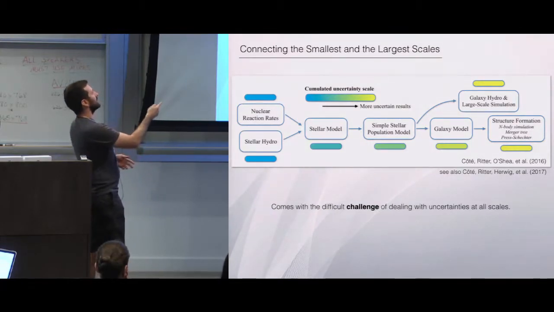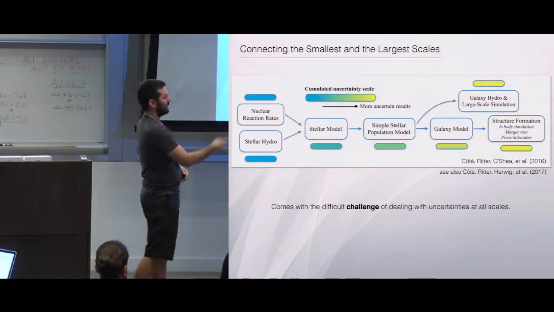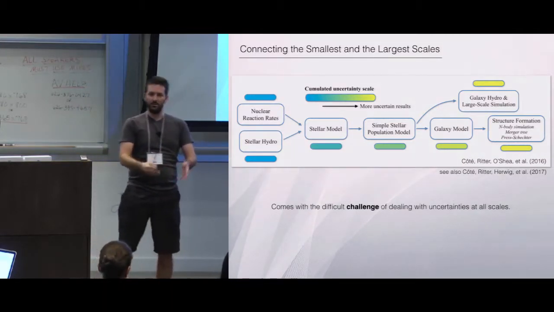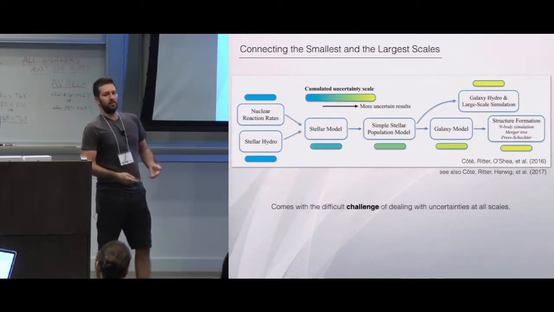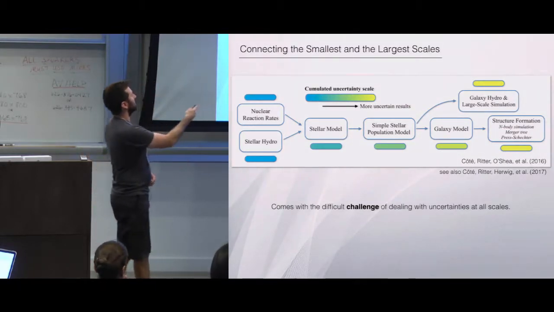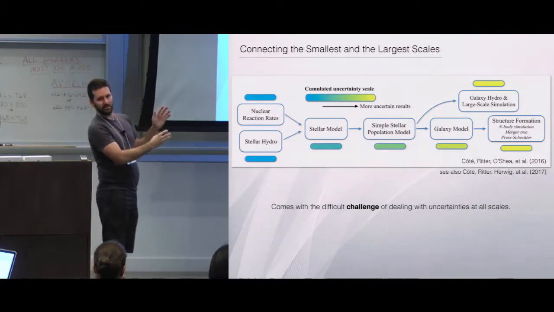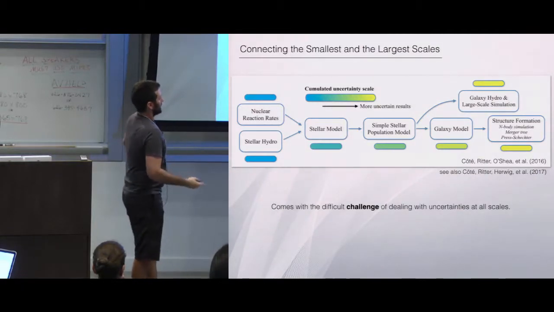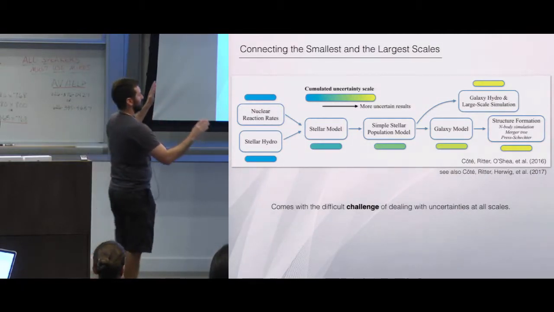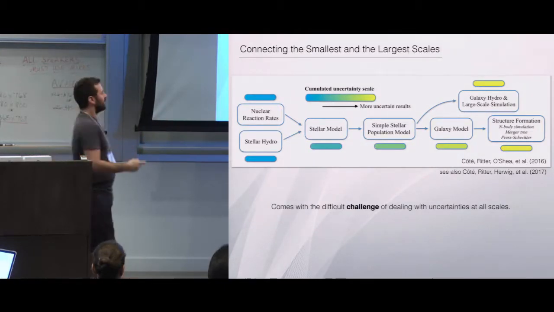This is the cumulative uncertainty scale, all relative, but if you are in a galaxy model, you of course have your own uncertainties in your parameters, but you carry the uncertainties of all the models that precede it, including stellar models, which are basically the foundation of every galaxy model that tries to address chemical evolution.